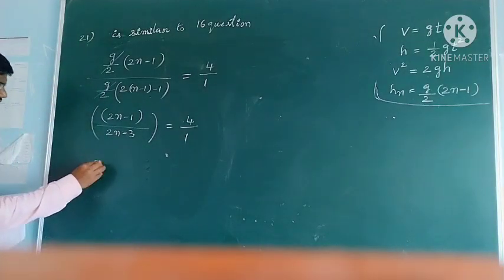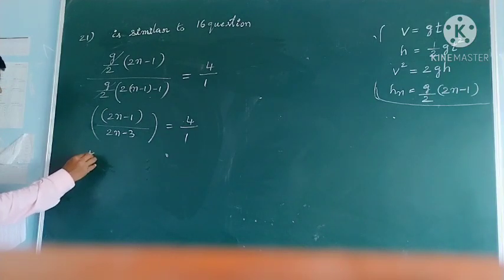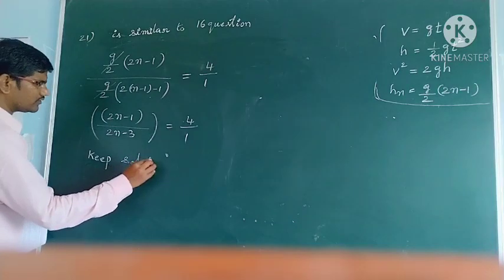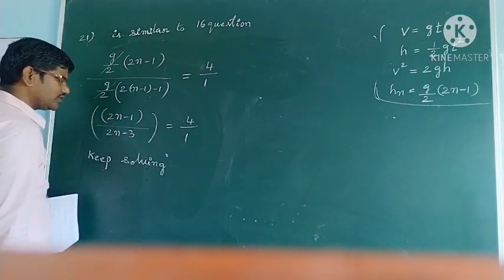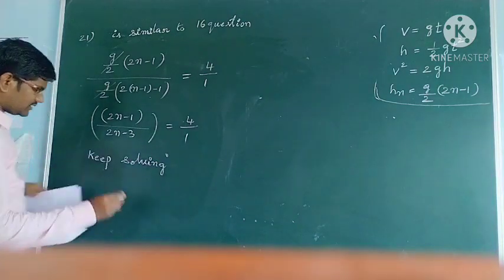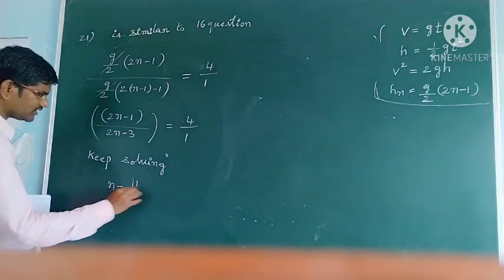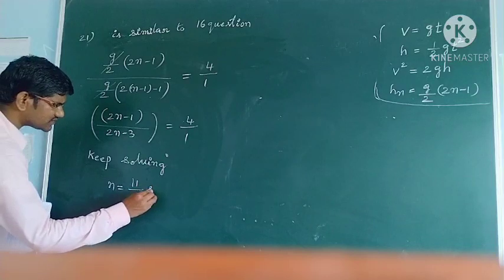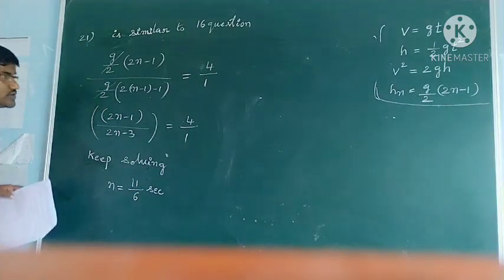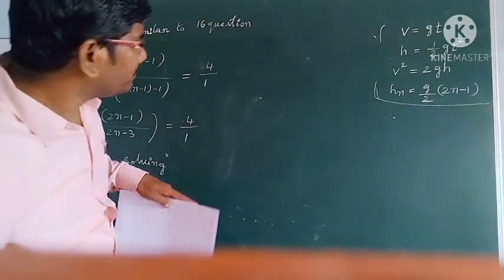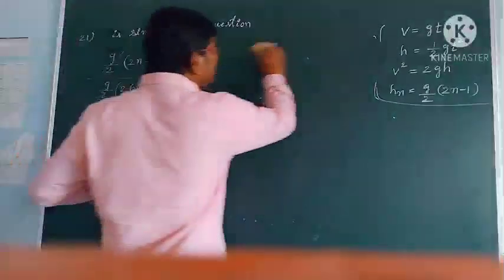Keep solving, it is easy. So you will get the answer, n value is equal to 11 by 6. So this is the answer for 21.